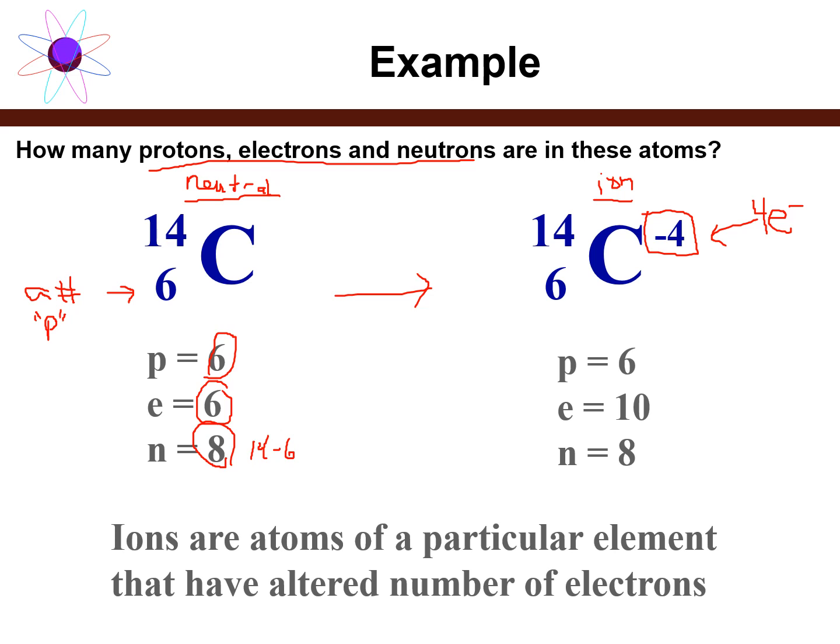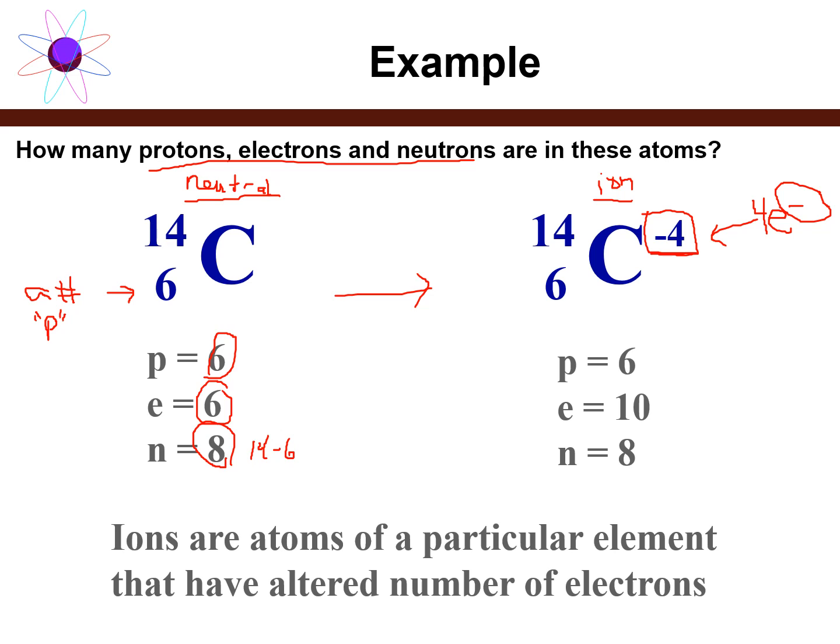When you see a +4, that means 4 electrons have been taken away, which is opposite of all your experience in your life. When you see a negative on there, you would think, oh, they've been taken away, but it's opposite. The reason is because 4 electrons with a negative charge have been added and therefore given us a -4 charge.